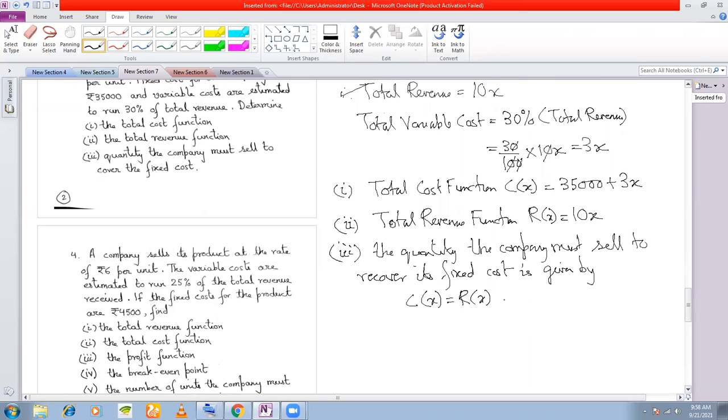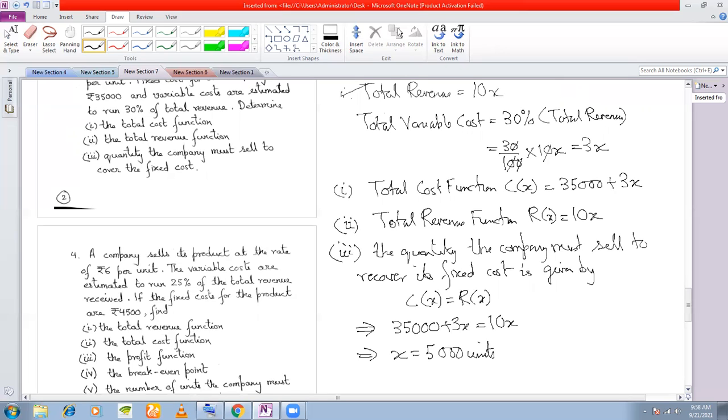When the total cost function is equal to revenue function, we can recover the total cost. So 35,000, put the values here, 10X. So you're getting an equation here, simple equation, which you can solve to get X is equal to 5,000 units.